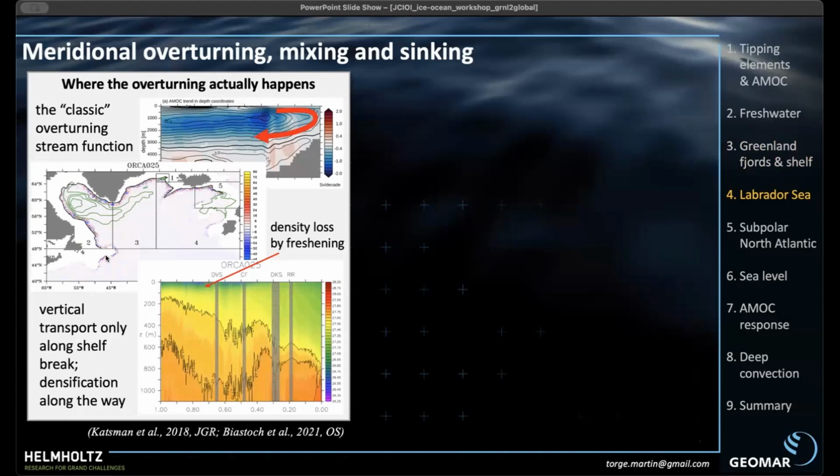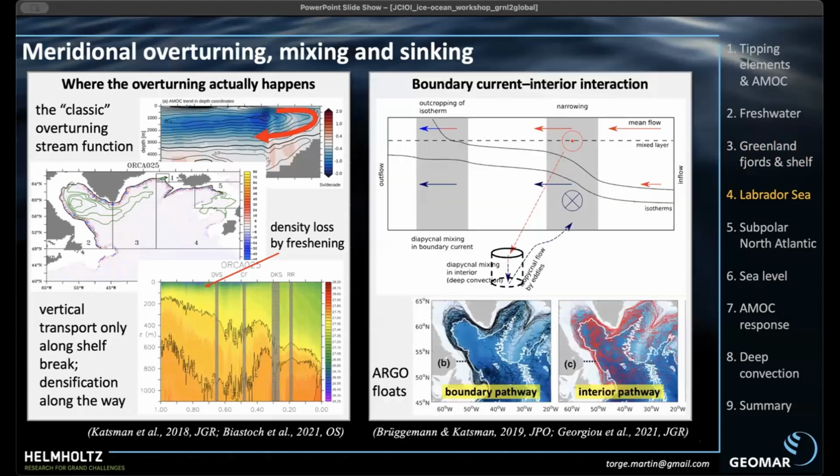And why that is happening, and why that is important to create this vertical motion, is also from Caroline's group. High resolution regional and idealized model simulations showed that there's not only enhanced eddy mixing on the West Greenland side here in the Labrador Sea, where some of these Argo floats stay within the boundary current and others, basically mixed by mesoscale dynamics, take a route interior to the Labrador Sea.